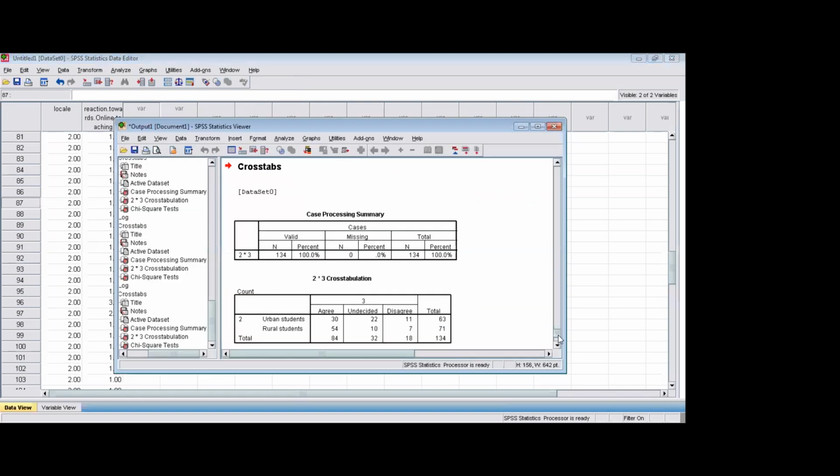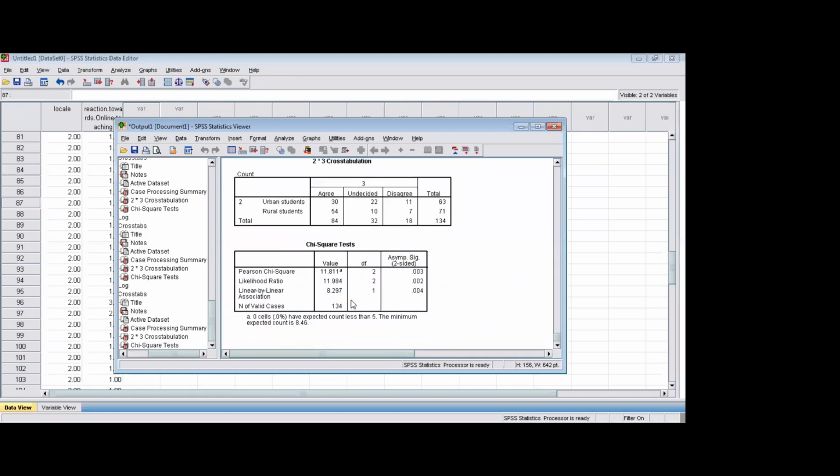Now it is significant. You can see that this is the chi-square value. It is 11.81 and it is significant at 0.01 level. DF is 2.